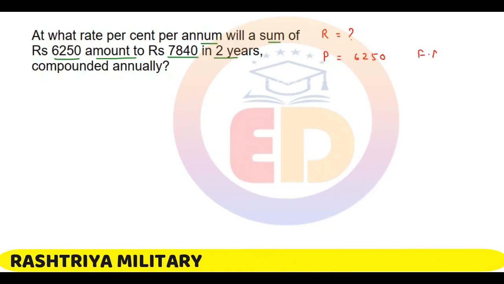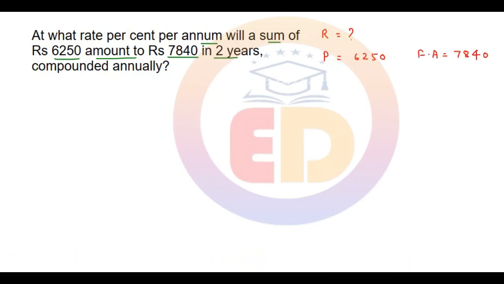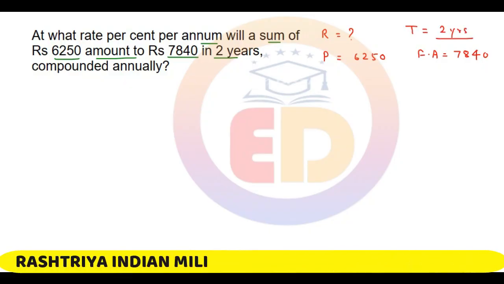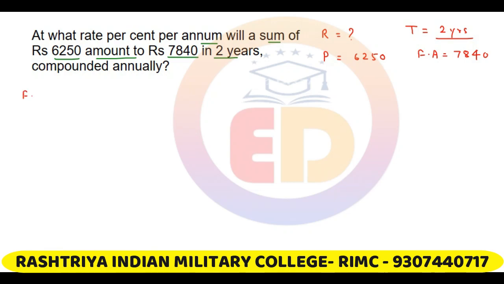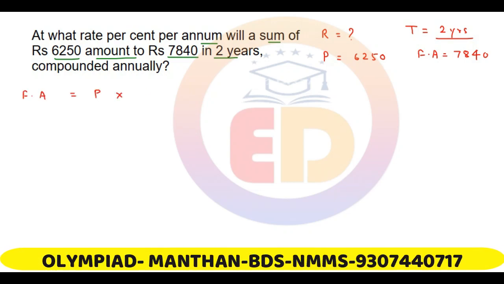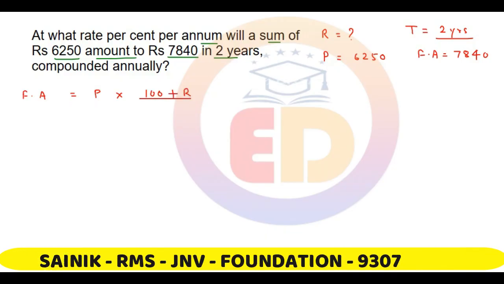Final amount is 7,840. Time period is 2 years. Let us frame the equation of compound interest. Final amount equals principal multiplied by 100 plus r upon 100 to the power of t.